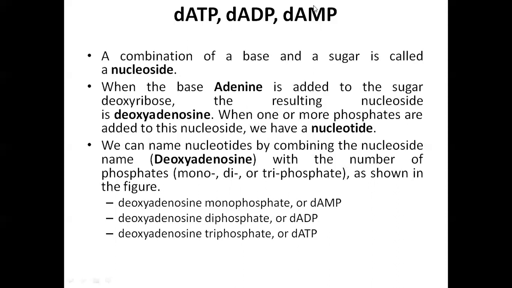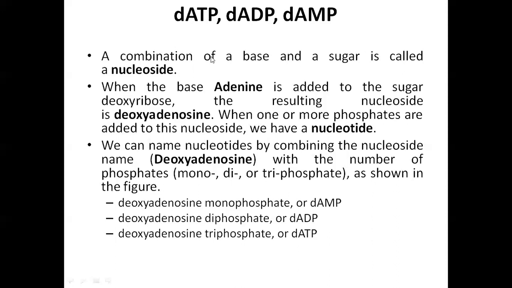Now, here it has monophosphate, diphosphate, and triphosphate. If this deoxyadenosine is linked to one phosphate, that is deoxyadenosine monophosphate. If it is linked to two phosphates, it will become DADP. If it is linked to three phosphates, it is nothing but deoxyadenosine triphosphate.